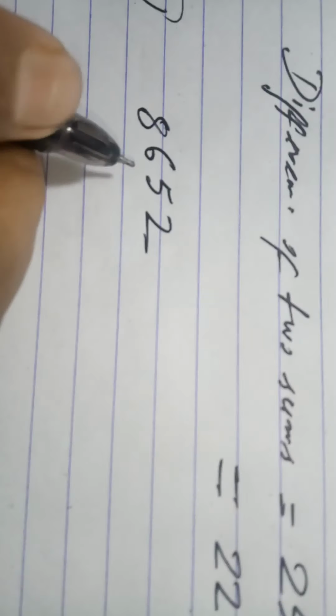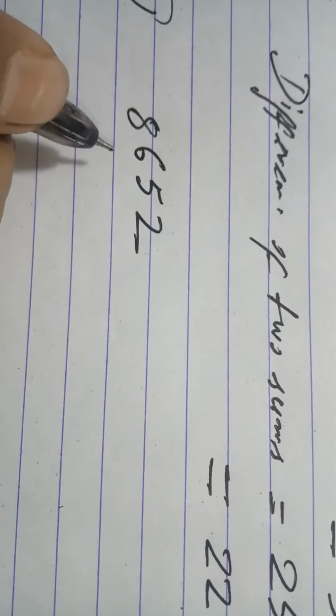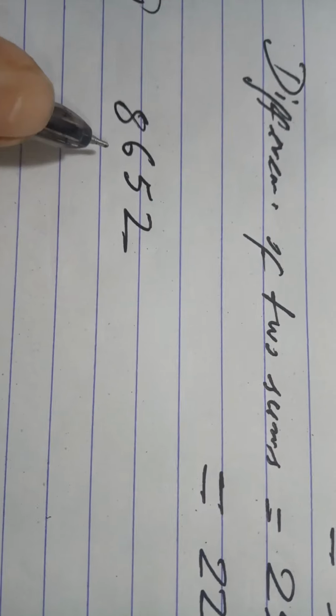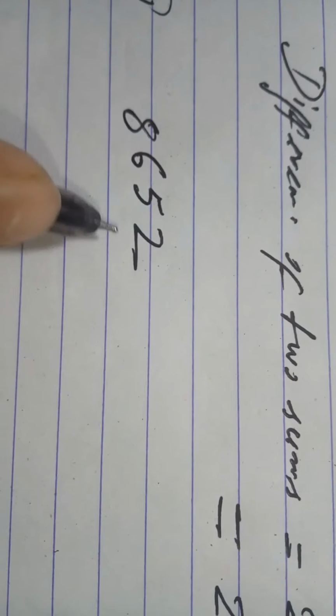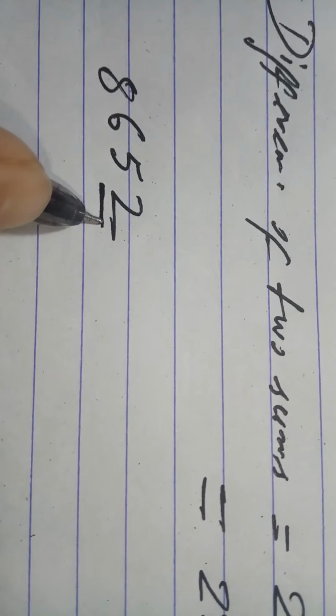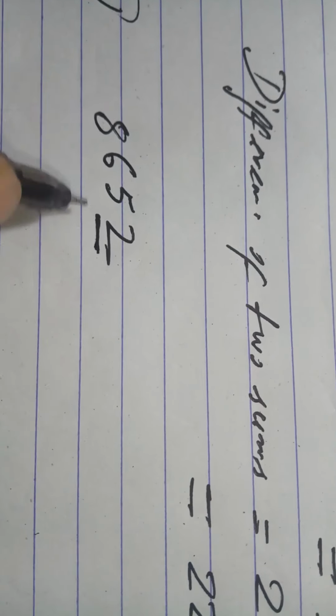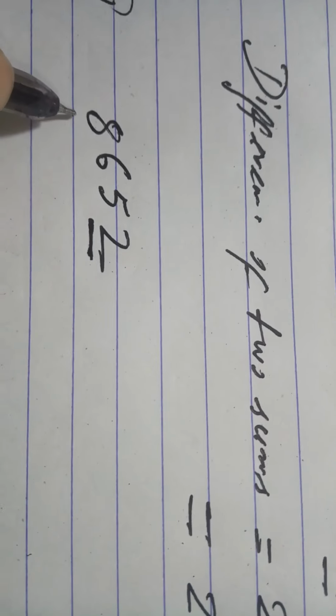The rule is, we know that a number is divisible by 2 if its last digit is 0, 2, 4, 6, 8. Here in this number the last digit is 2, so it is divisible by 2.